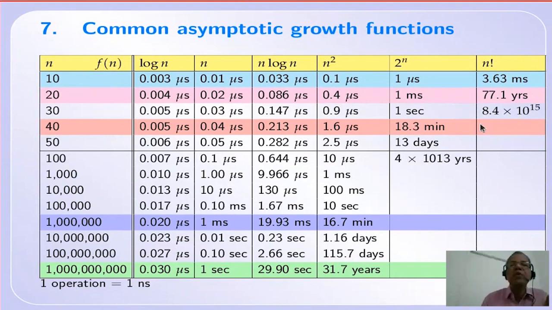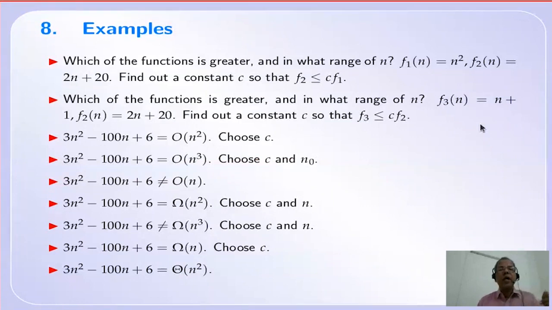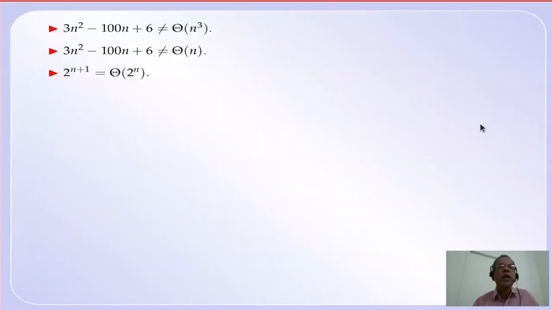Any of these things you should be able to show. Given a set of functions, you should be able to order them in this way. And do these examples as homework.